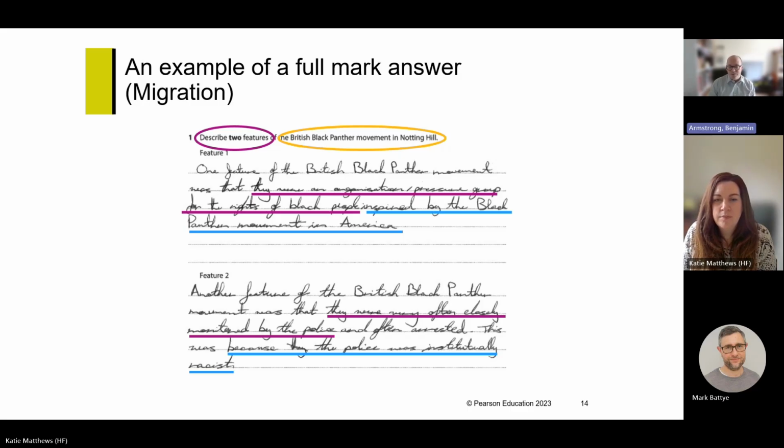Then, underlined in blue at the end, they've again added a little extra information because the police was institutionally racist. Because they've given us 2 features and added a bit of information to each one, this is a full marks 4 out of 4 answer. It's important to notice they've not had to write a lot to get 4 marks.